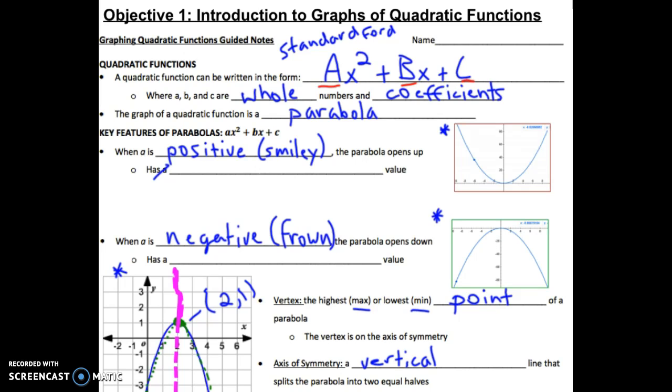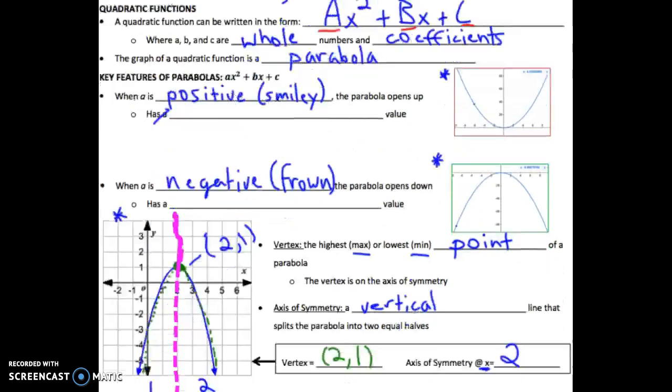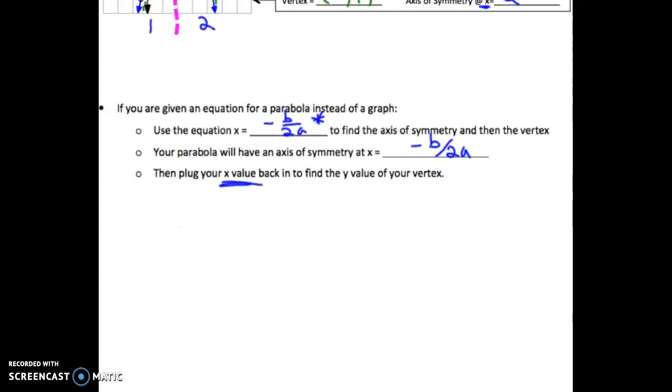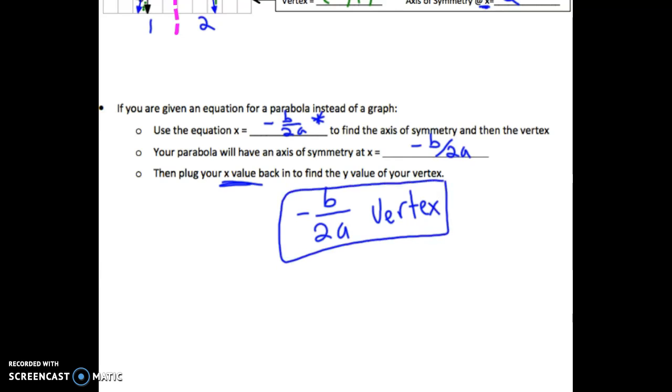Just make note that the vertex formula is this. -b over 2a is the vertex formula. Please write that somewhere where you can access it easily. And that is the introduction to the graph of a quadratic, which is called a parabola.